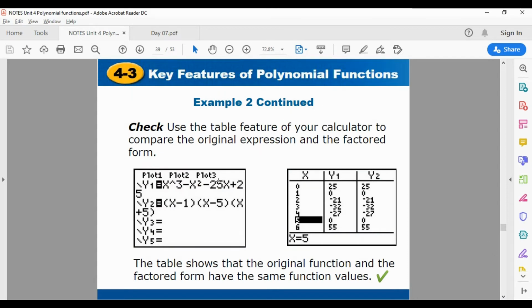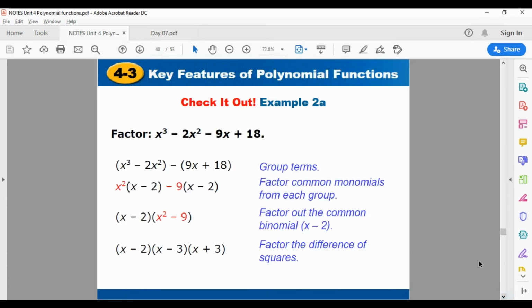Another check is using the tables in the calculator. Okay, and you can do the same thing here. The numbers should be identical. So you can try this one on your own, and then you get down here to your solution.